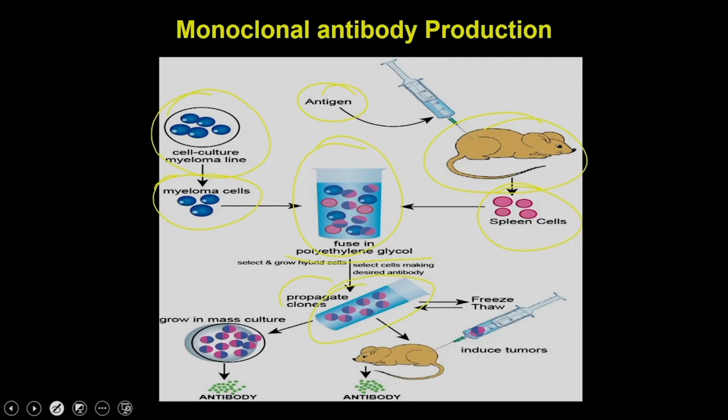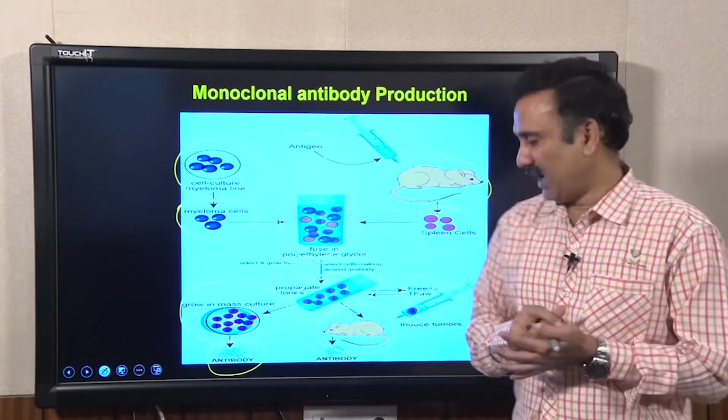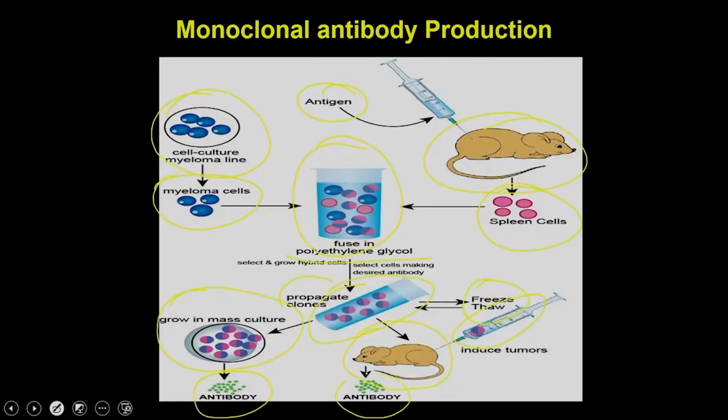These hybridomas can be grown in mass culture so that you can produce the antibodies, or you can freeze these hybridomas, so that whenever required you can take out a hybridoma and inject it into the animal, so that it will recover from the freezing, and then you can produce the antibodies.